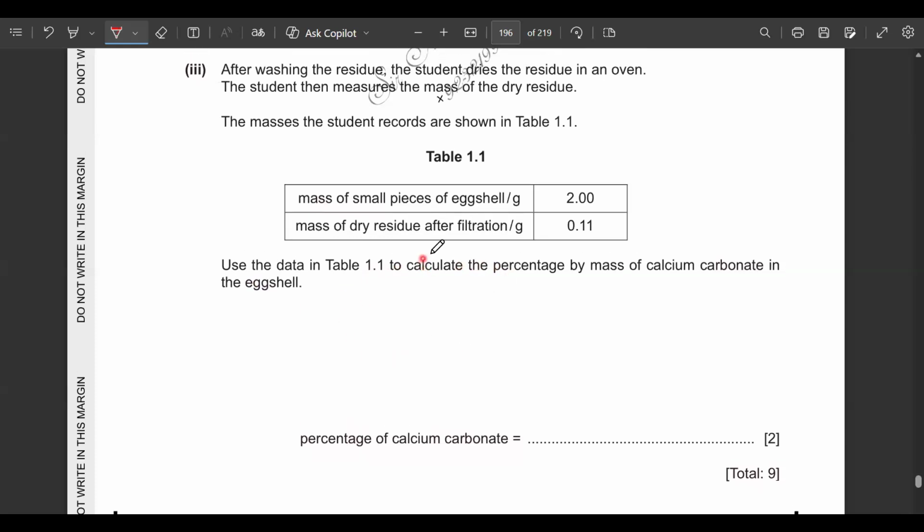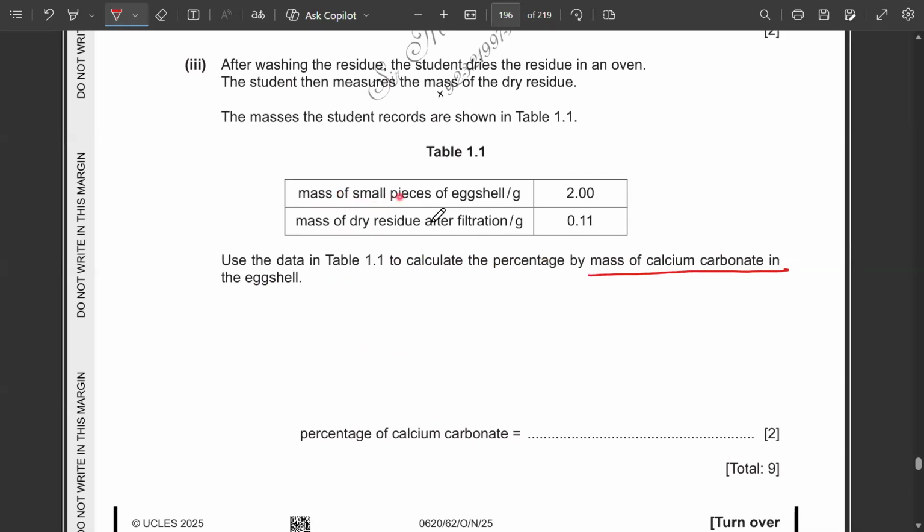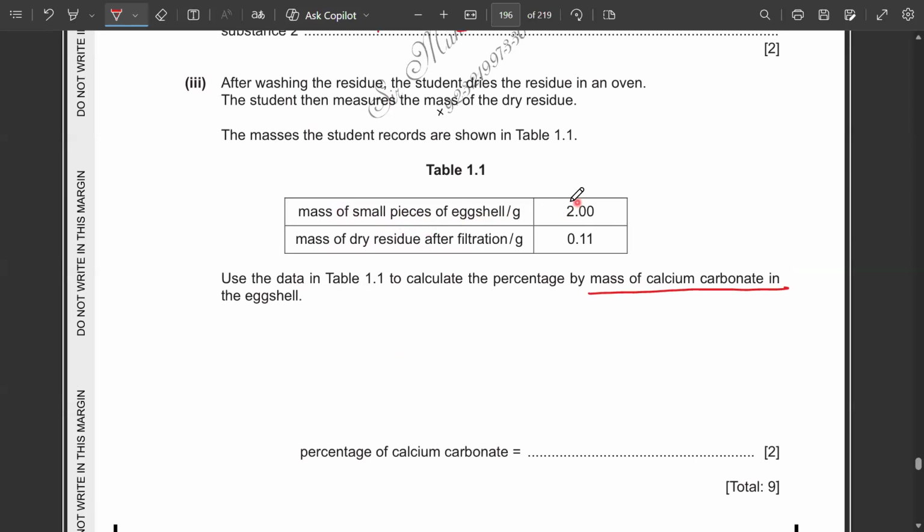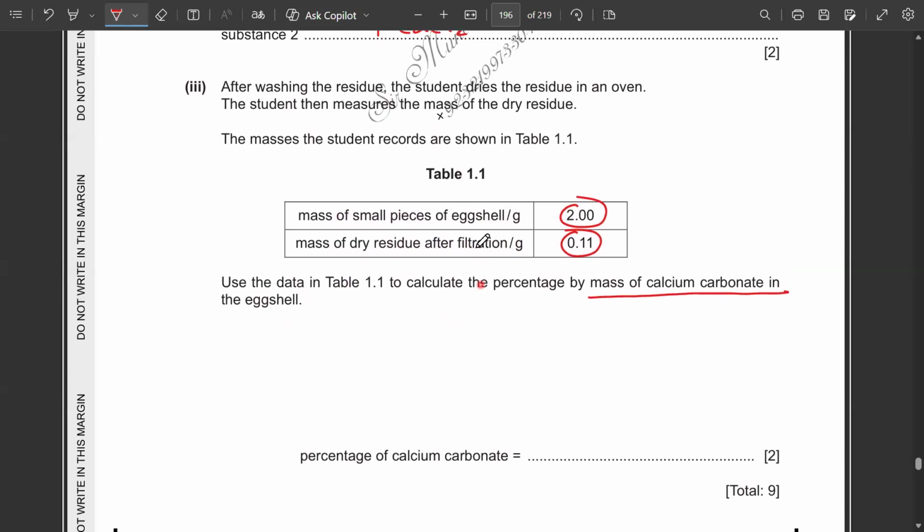According to the calculation, we have to find the percentage mass of the calcium carbonate in the eggshell. So the mass of small pieces of eggshell was 2 gram, and the mass of dry residue after filtration was 0.11. So we know eggshell is basically made up of calcium carbonate, CaCO3.